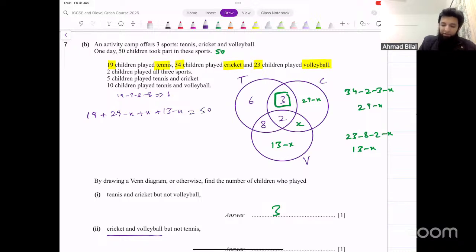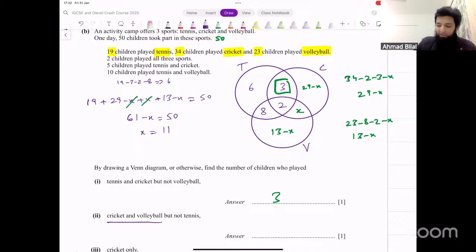Now, what does that give us? x and x here get cancelled, and we're left with 13 plus 29, which is 42. 42 plus 19 is 61. Minus x equals 50, right? So 61 minus x equals 50. x equals 11. So the value of x, therefore, is 11.